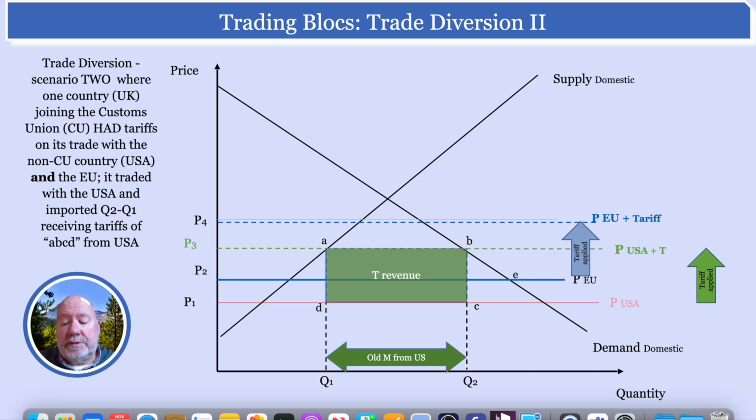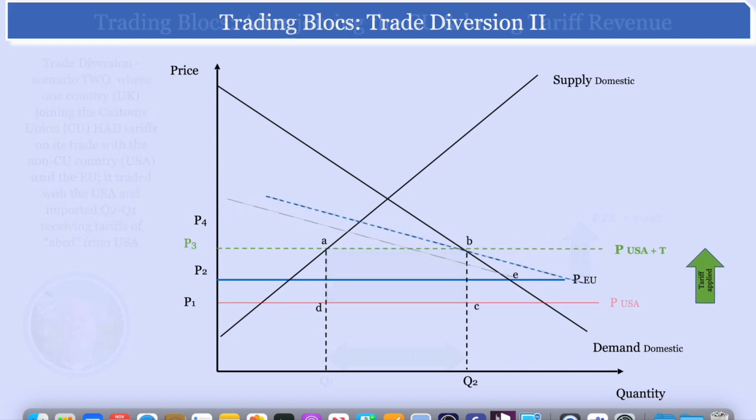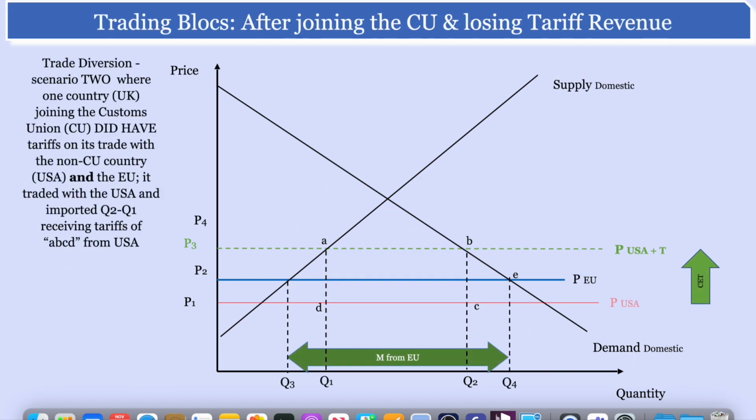So what happens when we join a customs union? When we join a customs union, we only keep a tariff on the US, and we take the tariff off the EU. Remember, it was up here, now it's here. So now we are buying imports from the EU, not from the lowest cost producer.